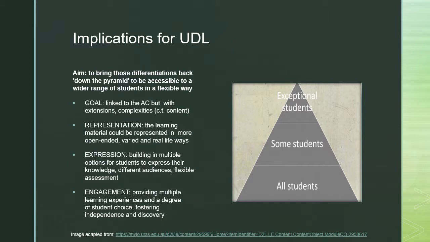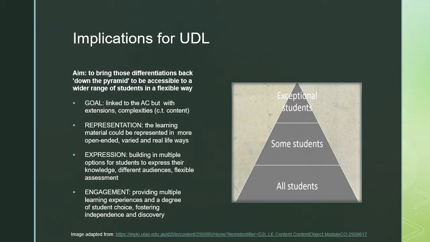For example, when we look at goal, yes, we need to link the learning objective to the Australian curriculum, but we can add extensions and complexities which allow for our gifted students to extend themselves. When we look at representation, we can look at presenting learning material in more open-ended, messy, real-life ways.